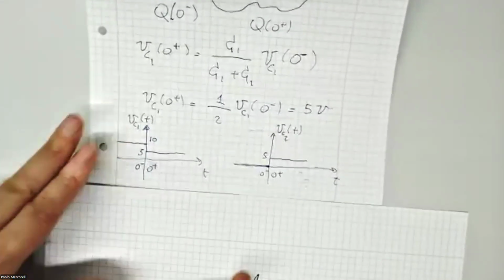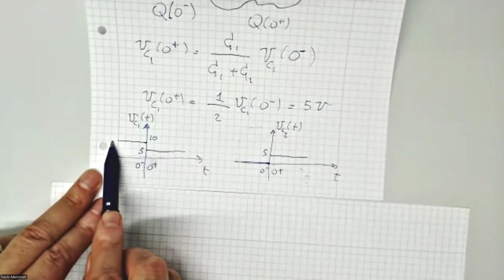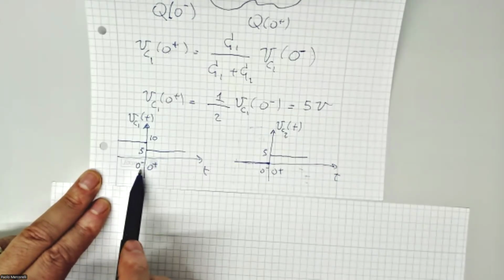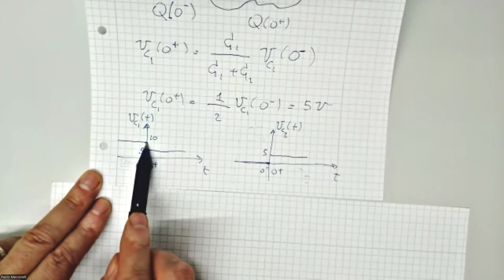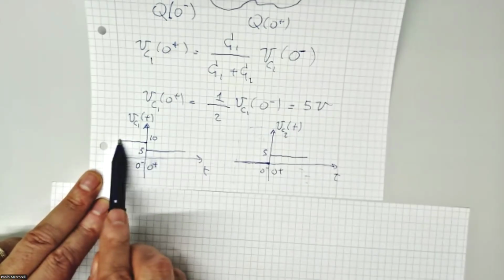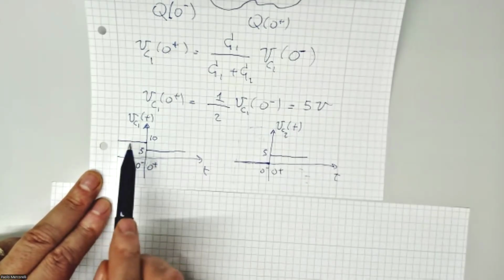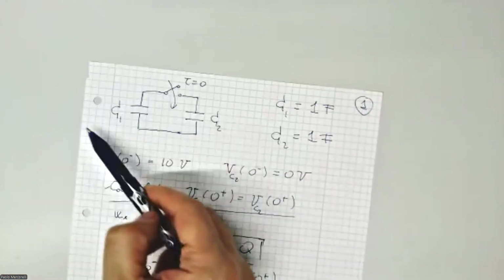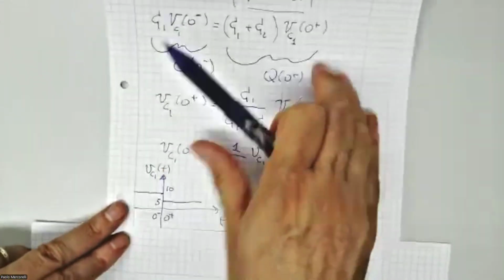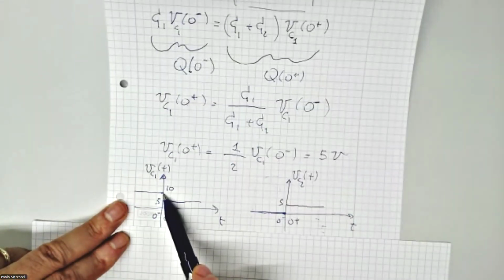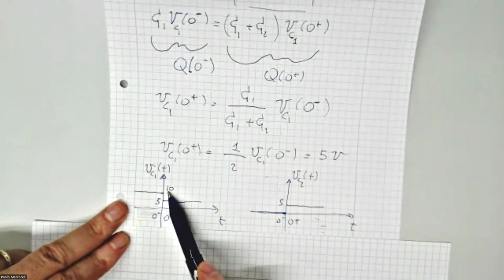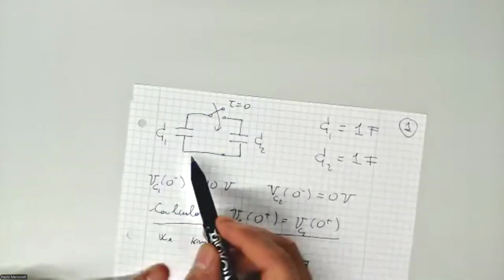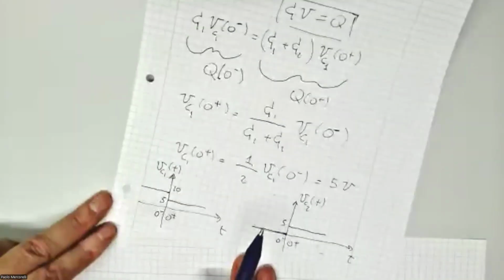Now, let me draw directly what happens. VC1 is starting from 10 until 0, at 0 minus it is 10. It's correct if I think about this. But of course, it could be that here I have another circuit. This means it could be a function, but at time 0 minus it is 10 volts. In accordance with this picture, it seems to be constant at 10.